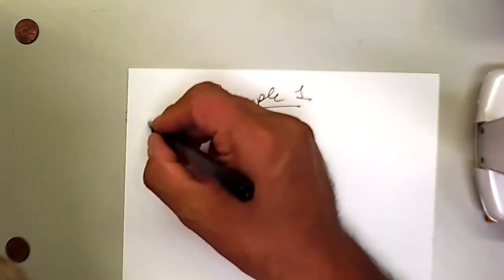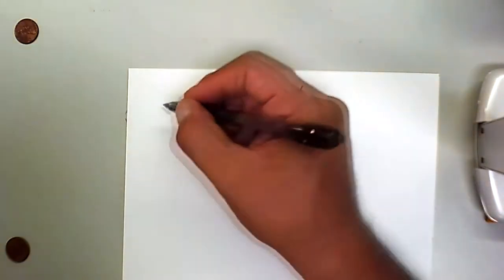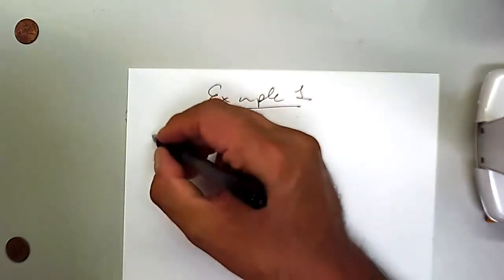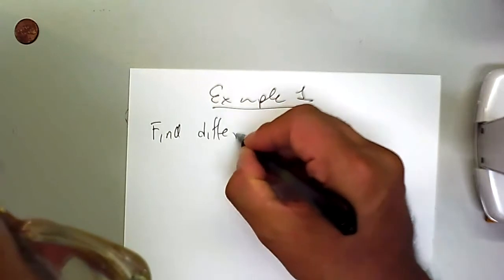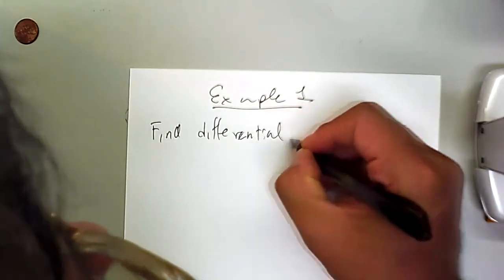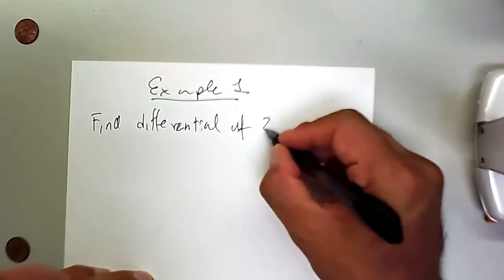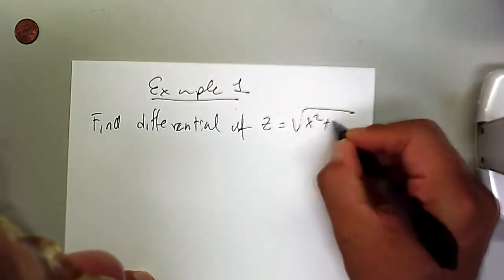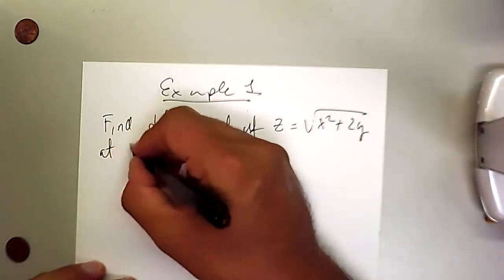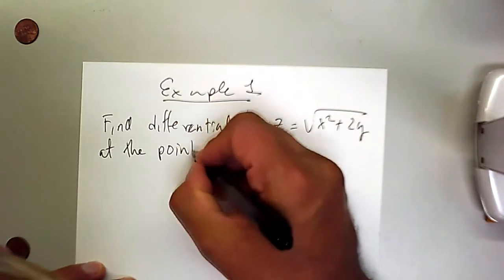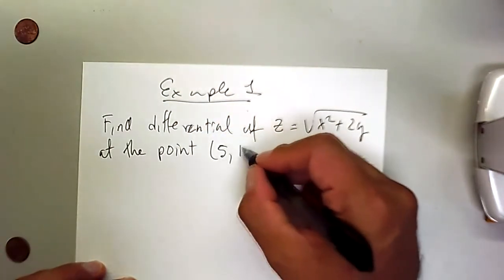The example consists in... there's a couple different ways to state the example. Okay, so find the differential of z equals the square root of x squared plus 2y at the point (5, 12).